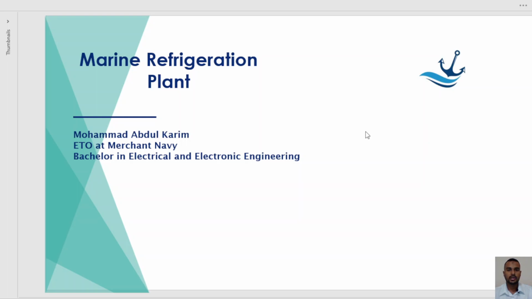In this session, I would like to describe the marine refrigeration system. Before starting the slide, let's try to understand the main purpose of the refrigeration system onboard ship. Onboard ship, a refrigeration system is a magnificent part of a vessel. It is used not only for the fishing vessel, cargo carrier, and reefer container, but also in the provision chamber.